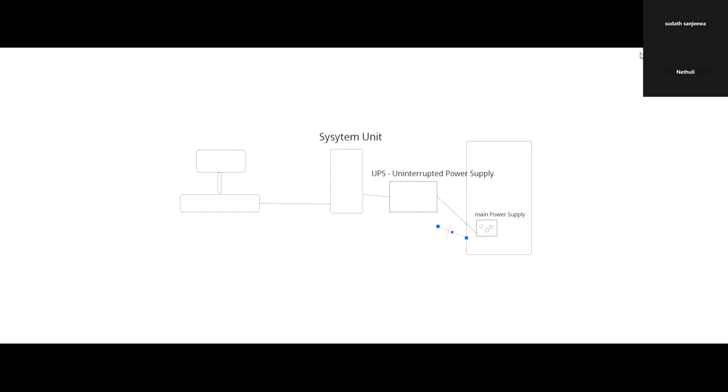Then our computer is not going to suddenly turn off, because this UPS will give power to our system unit and the monitor, right? It will give the power to our system unit and monitor while the battery charge is drained.